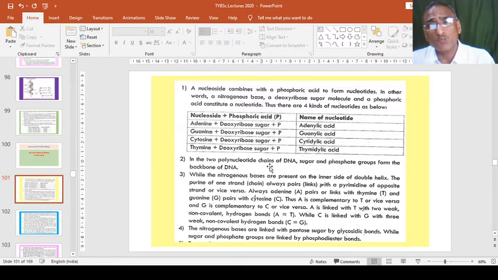Now, in the two polynucleotide chains of DNA, sugar and phosphate groups form the backbone of the DNA. So, they are the backbone of the DNA. While the nitrogenous bases like adenine, guanine, cytosine are present on the inner side of the double helix, and the purine of the one strand always pairs with the pyrimidine of the opposite strand, or vice versa.